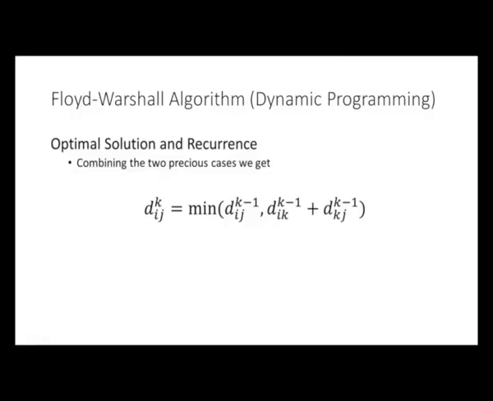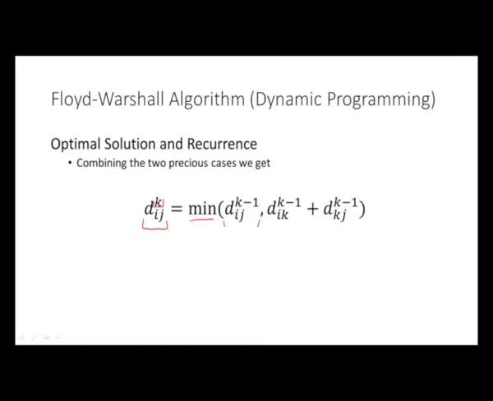So, the optimal solution would be to use this recurrence: the shortest path from a node i to a node j considering k intermediate vertices is equal to the minimum of d i j k minus 1, means not considering k in case it is not on the path.